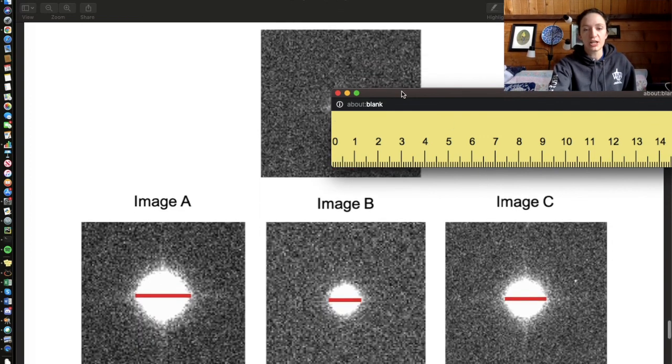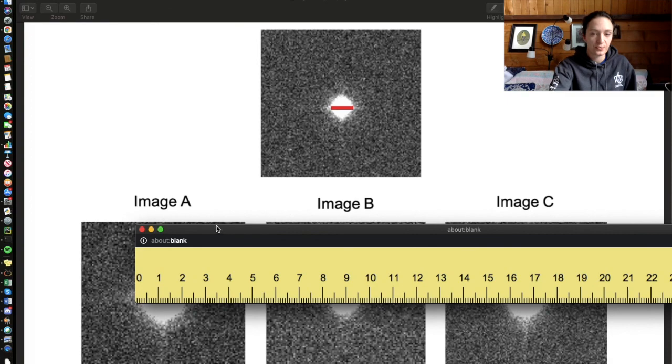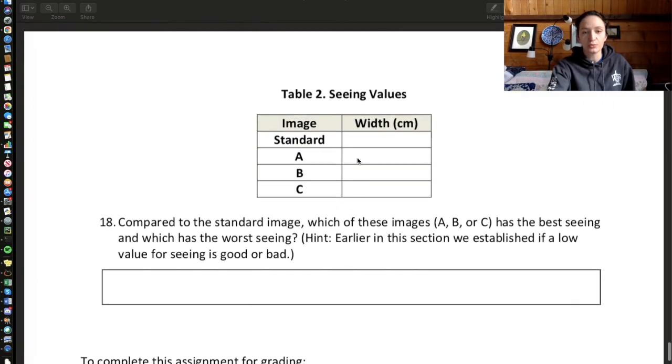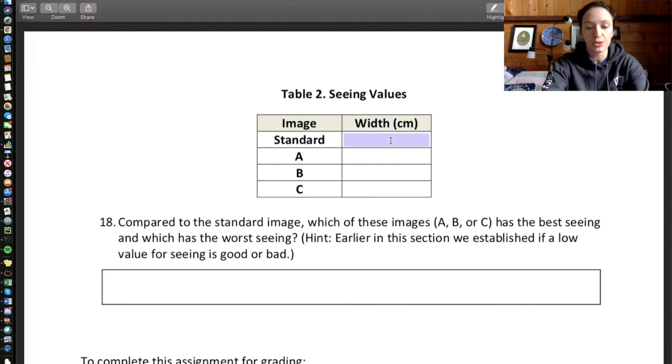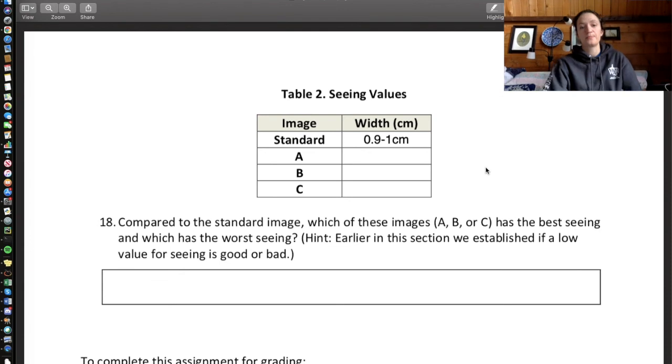Then you just want to come down and do the exact same thing with all of the others. As you do this, you're going to write your measurements down in table 2, even for the standard. So for the standard, I would put 0.9 to 1 centimeter, and that would be my answer.